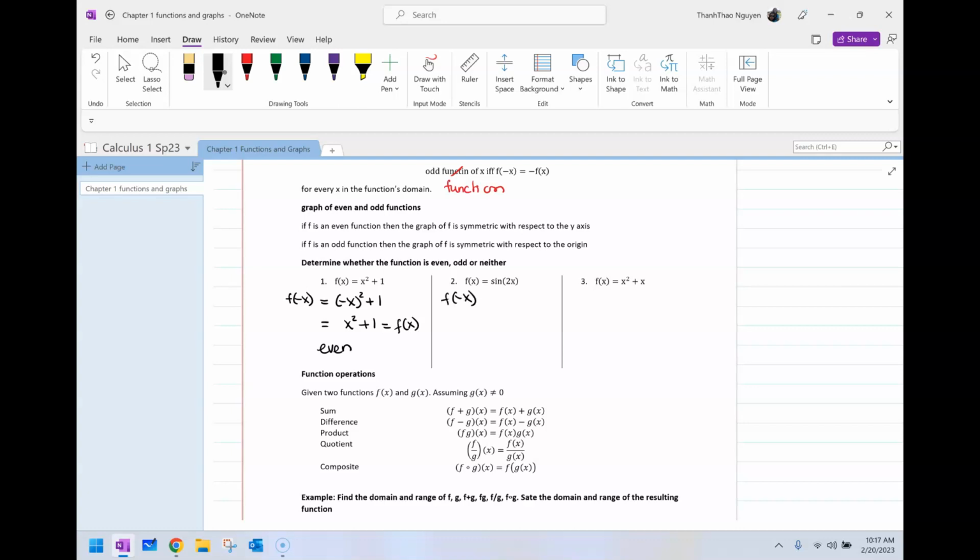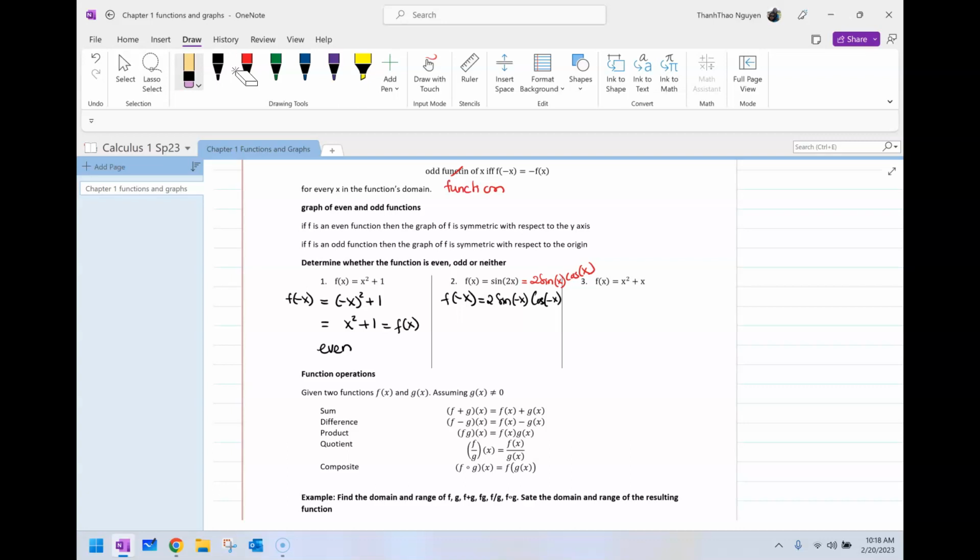f(-x) equals sine of negative 2x. Let's do a little bit of trigonometry here first. Sine of 2x is equal to 2 sine x cosine x. So when I replace it with negative x, I'm looking at 2 times sine of negative x times cosine of negative x.